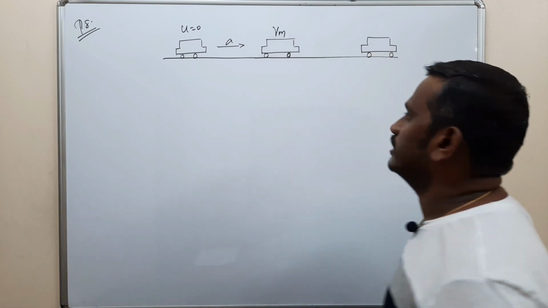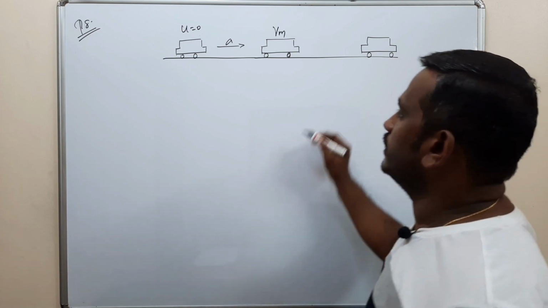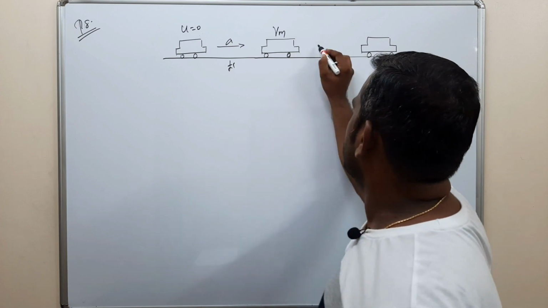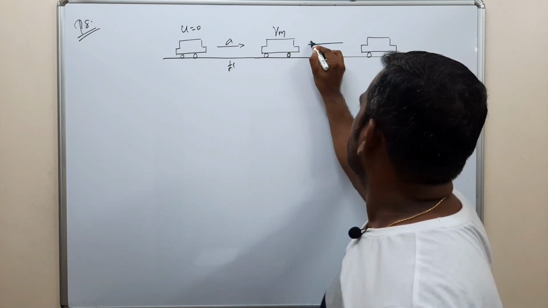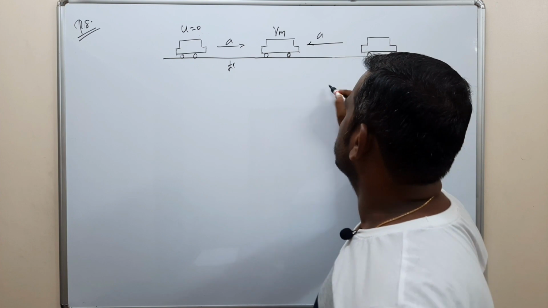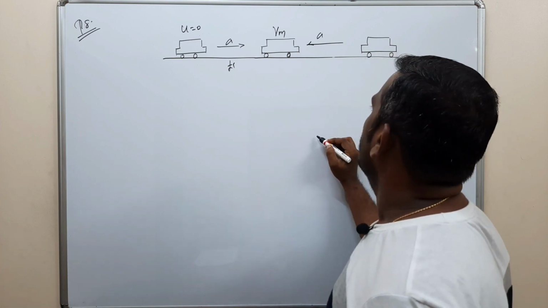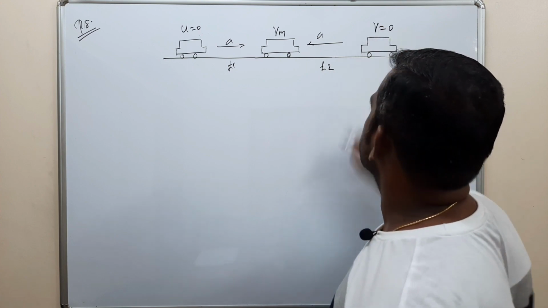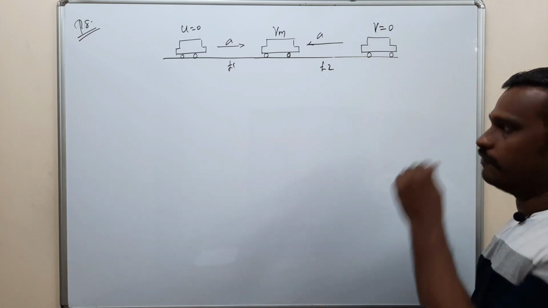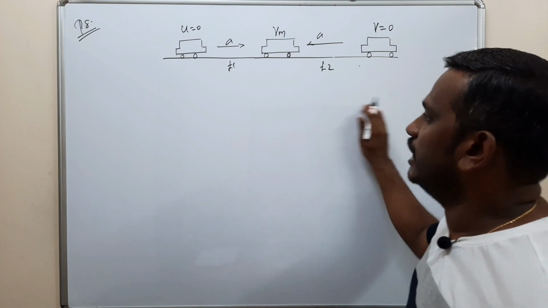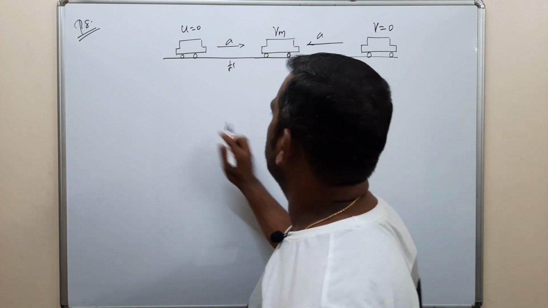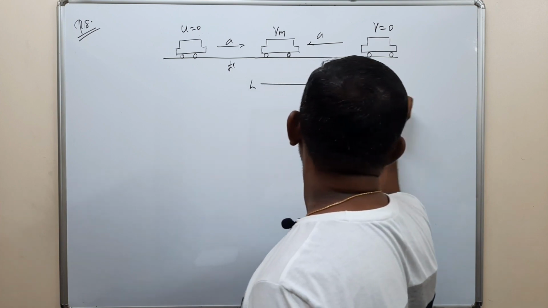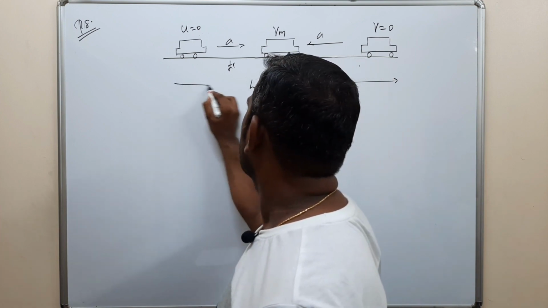After time t1, it reaches Vm. After that it decelerated with the same constant acceleration a, and after time t2 the car comes to rest, that is v is equal to 0. Suppose the distance covered by the car is capital L.